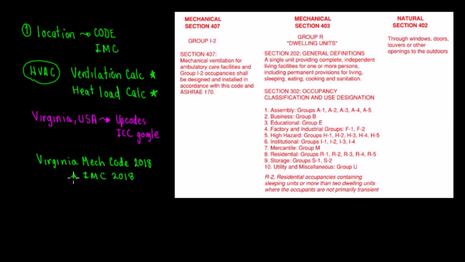There we go. Now this is what we have to analyze. When it's IMC 2018, it's based on that. Then for ventilation, what you see on the right side, I'm going to put this in pink, are the sections for ventilation.